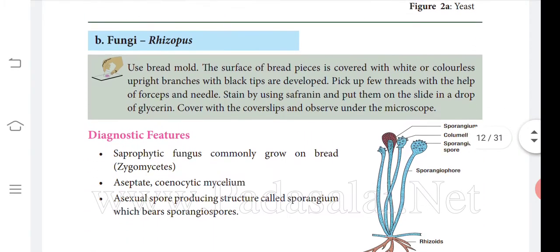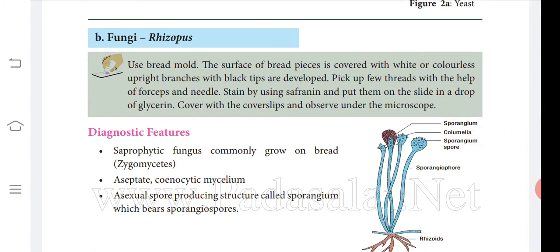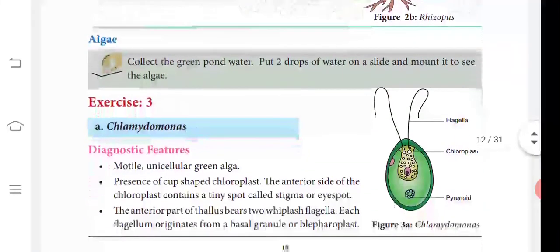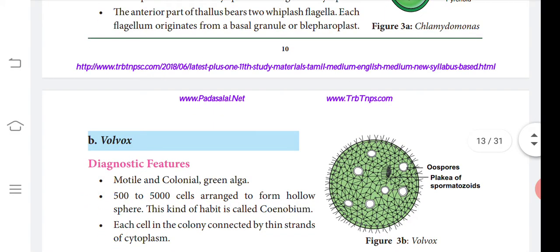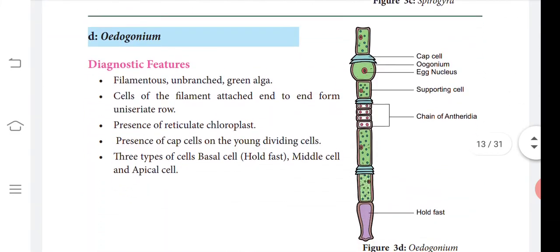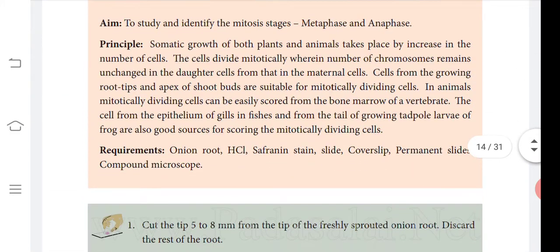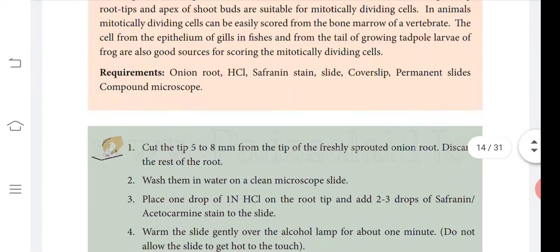Whichever is given in this colored box, you need not write. So exercise A and B will be there. You follow only one rule: one page, one diagram. Do you follow? One page, one diagram. Okay, so that is how it goes. One page, one diagram. For all these things you have to draw the diagram and write notes.